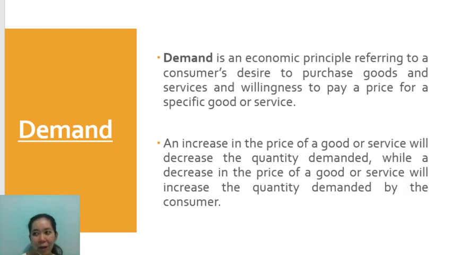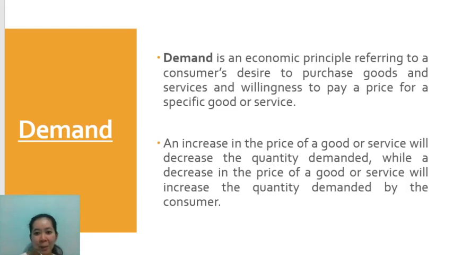Meaning, they can afford to buy, but they are not willing to purchase. Okay, so this is not a status of demand, or we cannot consider that as a demand. So again, both ability and willingness should be present.